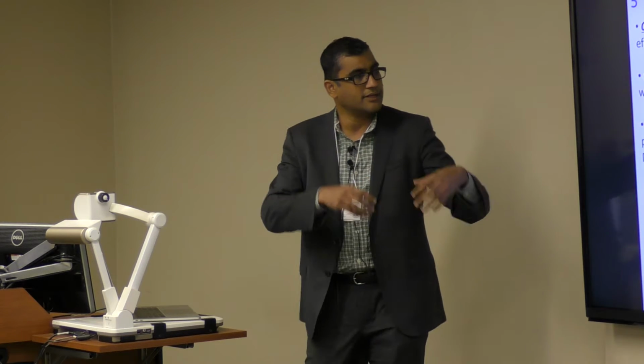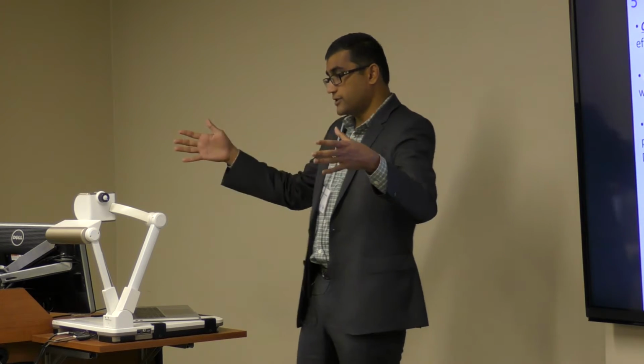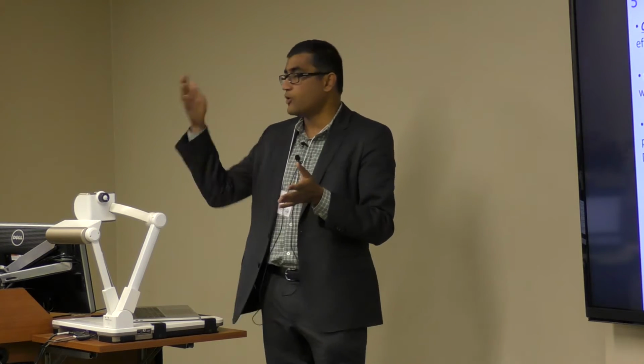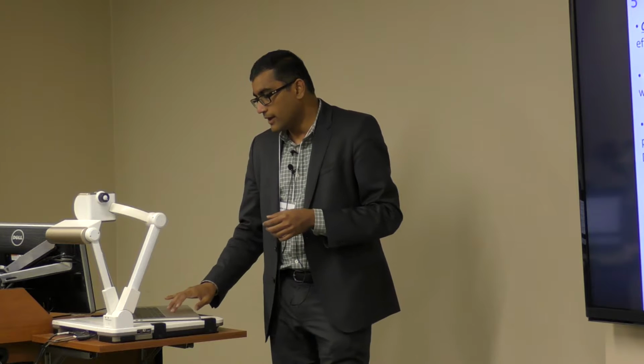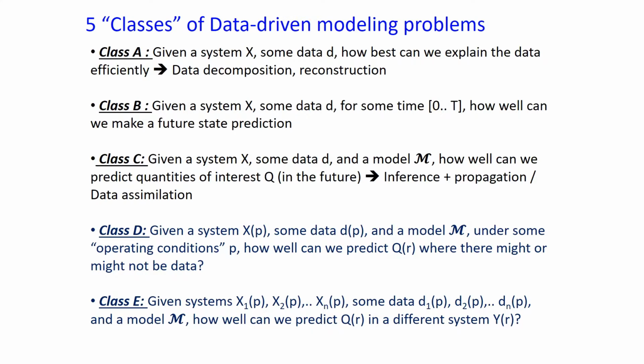You have a given system, some data for some time 0 to t, and then you want to make a future state prediction. Then class C, this is perhaps what, say, the weather prediction people do. You have a system X, some data D, and some kind of physical model, and you want to see how well you can predict quantities of interest in the future. So classic data assimilation would fall here.